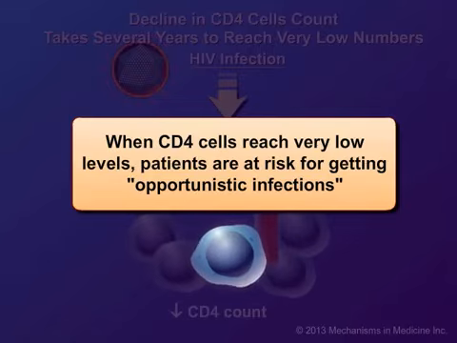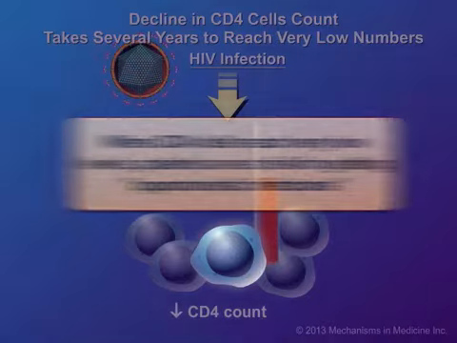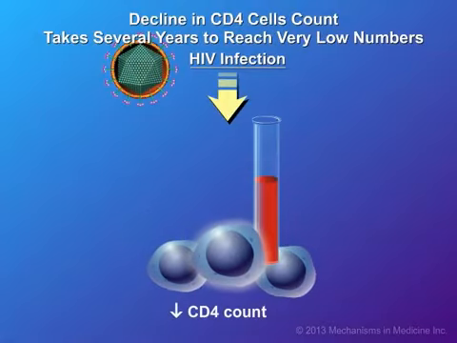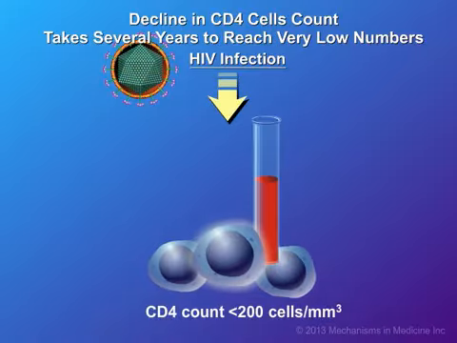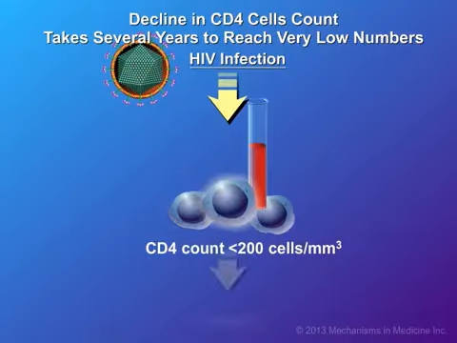These are called opportunistic infections because they take advantage of the body's weakened defenses. Once CD4 cells fall below a level of 200 cells per cubic millimeter in the bloodstream, or if a person has an opportunistic illness, this is considered an advanced stage of HIV infection, called acquired immune deficiency syndrome, or AIDS.